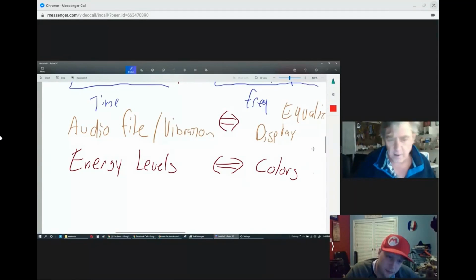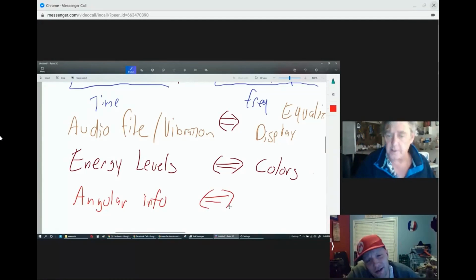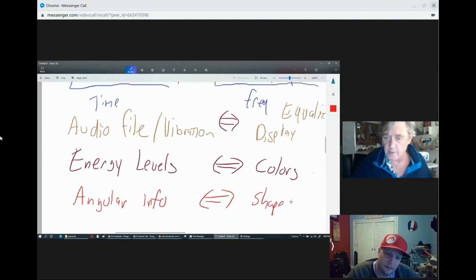Lenses are similar. Lenses take angular information and turn it into a picture. Yeah, lenses are another physical type of Fourier transform. It takes angular info and turns it into shapes, into pictures.